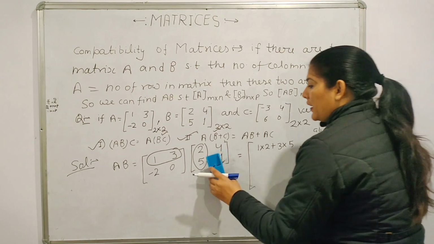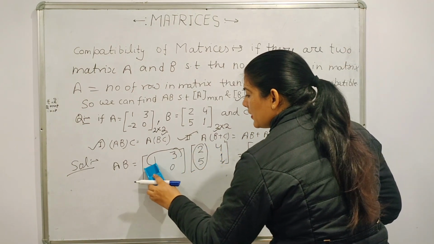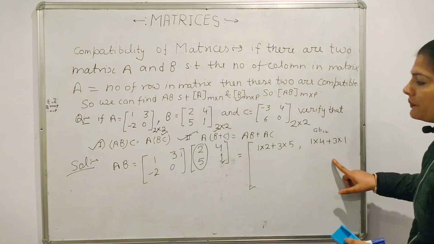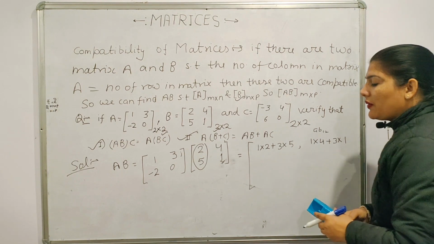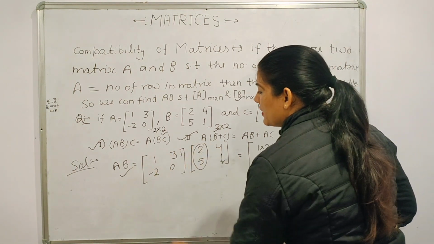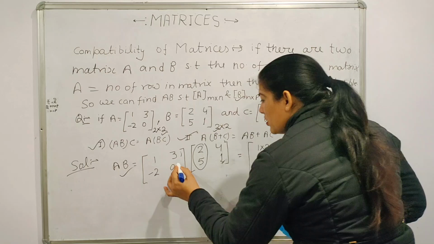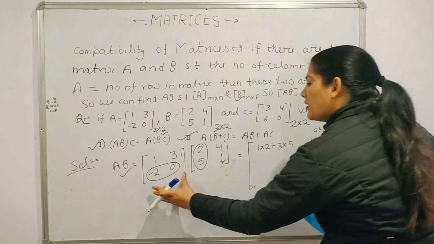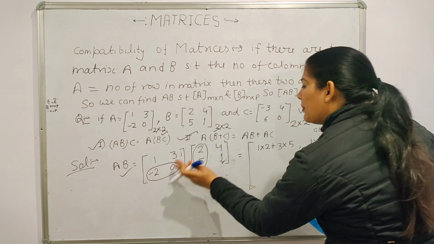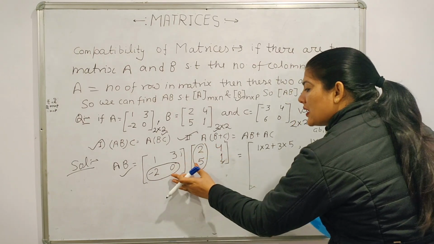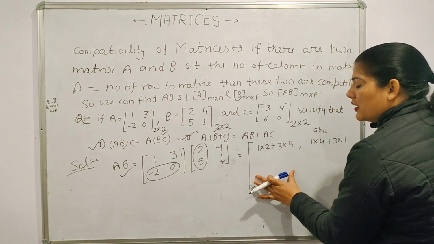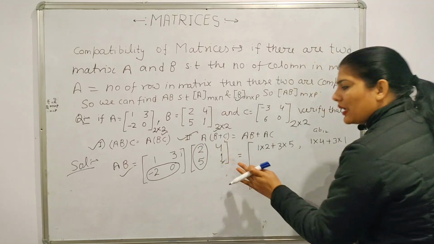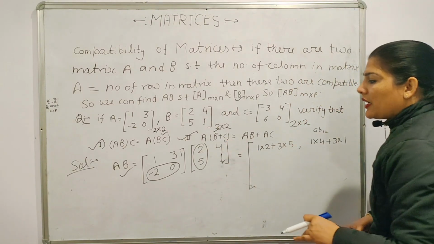Now, when you are going to find the elements of the second row of the product AB, you take the second row of the first matrix and multiply it by the first column. This is how you can find the first element of the second row. After that, multiply the second row by the second column.